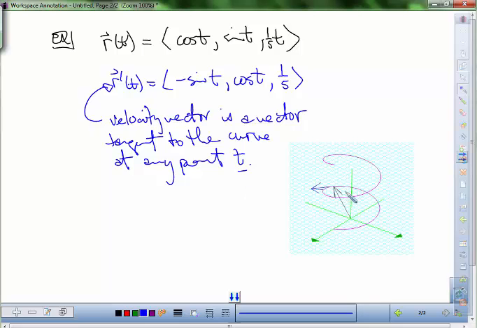So this is the graph of it. Let's see if we can actually do some computations. Let's take a look at r of, let's say r of pi.